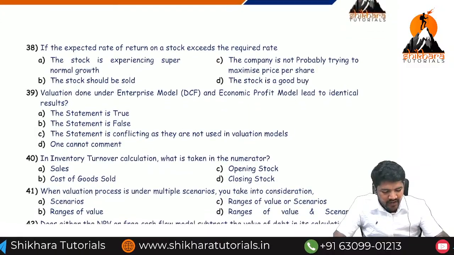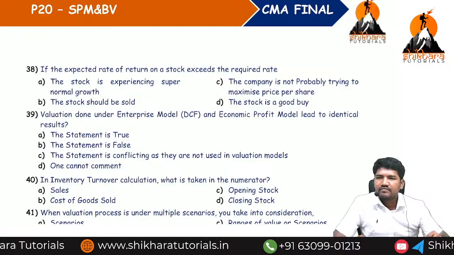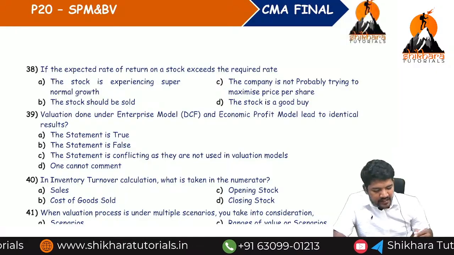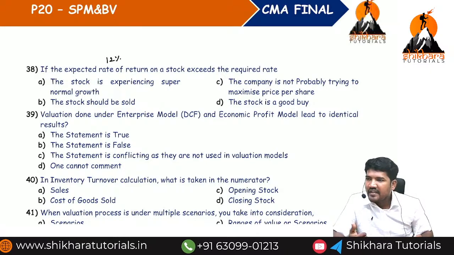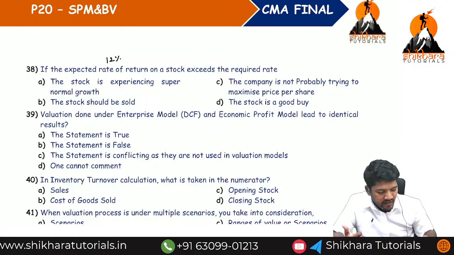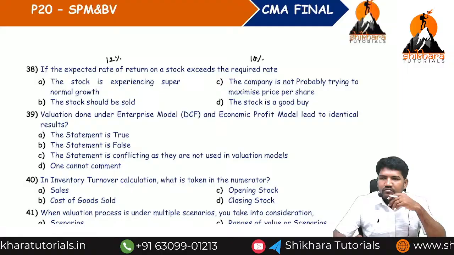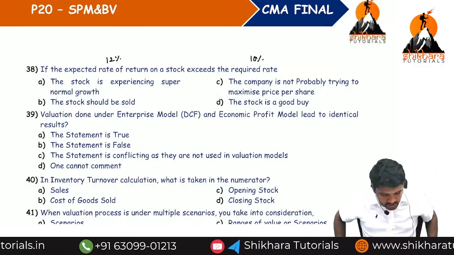MCQ number 38. If the expected rate of return of a stock exceeds the required rate. So first go with the numericals. The expected rate is 12%. Exceeds means more than the actual return only, no? So that's why the required return is less, 10%. The stock is good to buy.